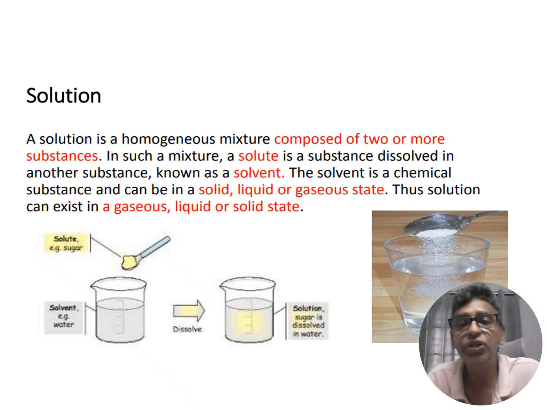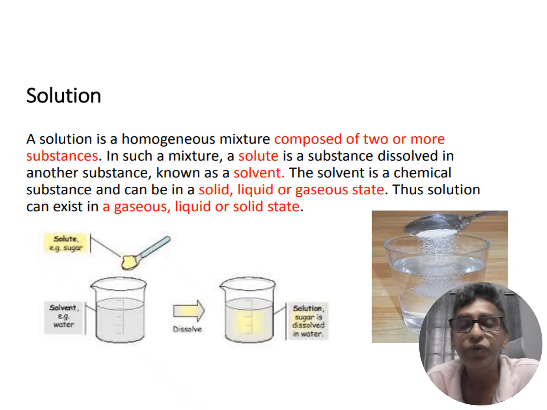A solution is a homogeneous mixture composed of two or more substances. In such a mixture, a solute is a substance dissolved in another substance known as a solvent. The solvent is a chemical substance and can be in a solid, liquid or gaseous state. The solution can exist in gaseous, liquid or solid state.